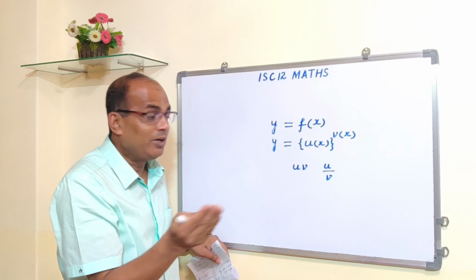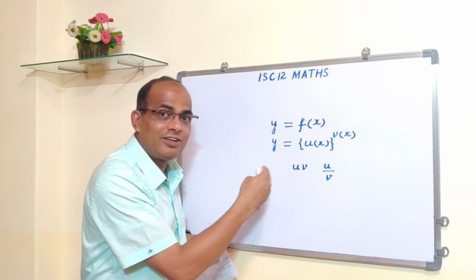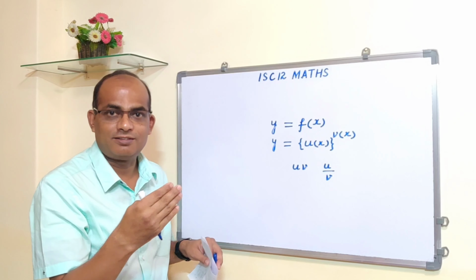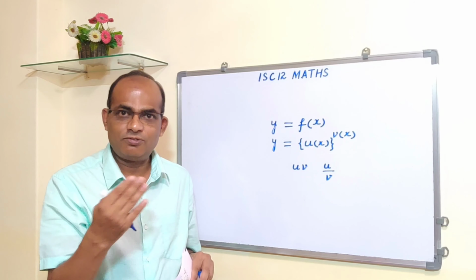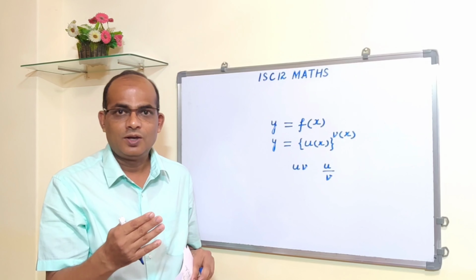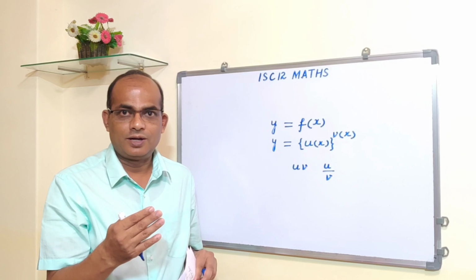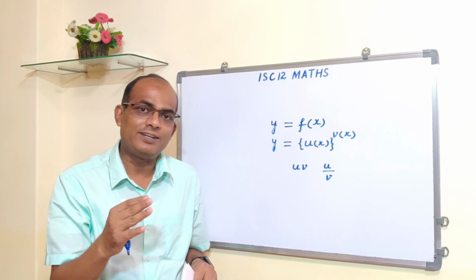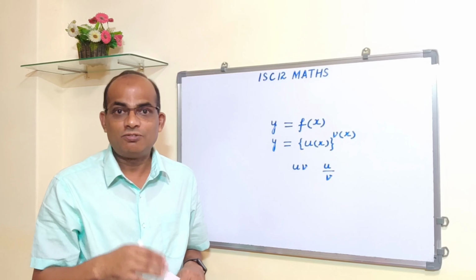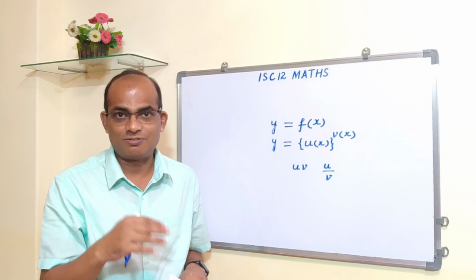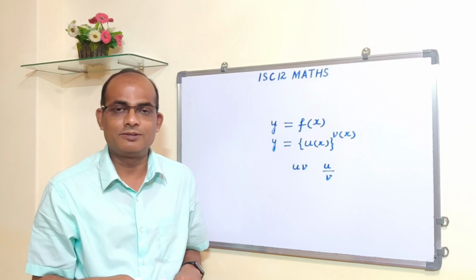But if you take log on both the sides, the expression becomes very simple, and it's very easy to differentiate as compared to differentiating the function itself without taking log.